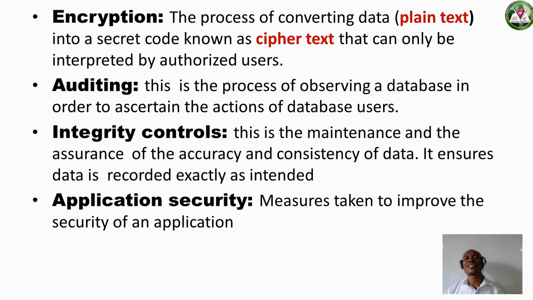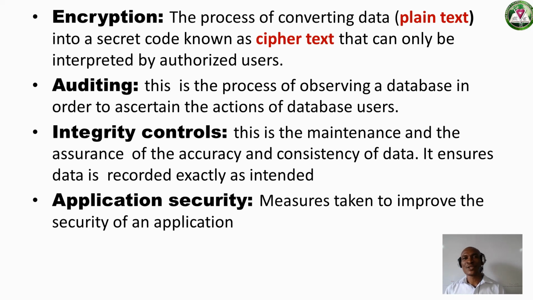Another one is application security. This is a measure taken to improve security of an application. Some of us even do that. Even in your own little device, sometimes you password your phone. When you think that people around you may be getting used to the password, you change it. Some other times, you may even go using the pattern type.